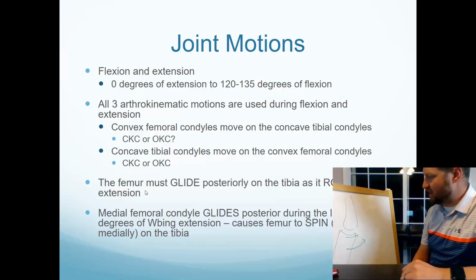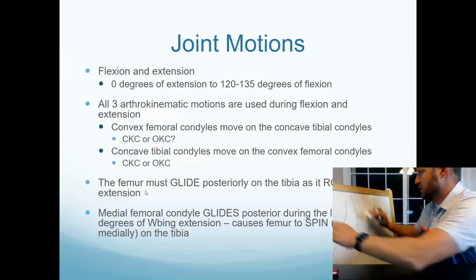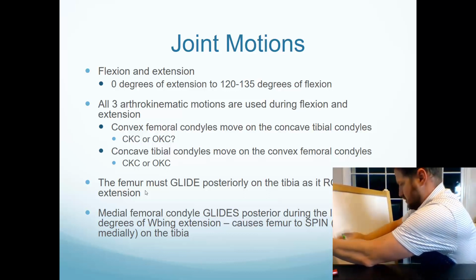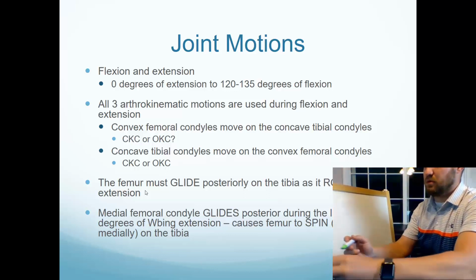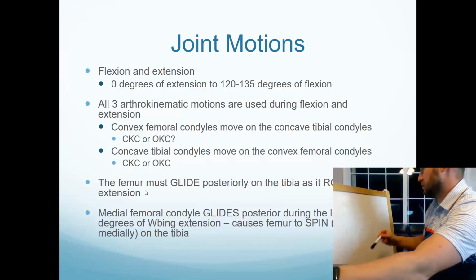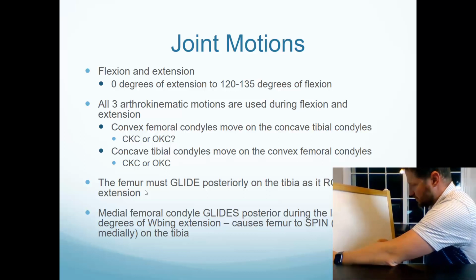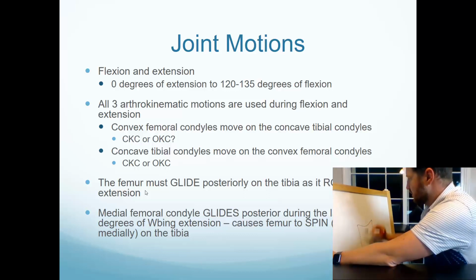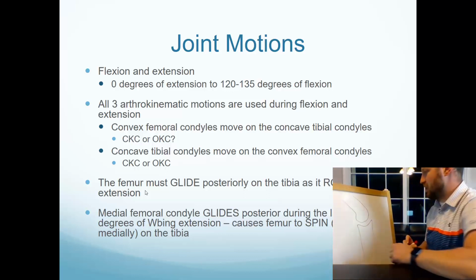That is saying that if we draw this differently, now we have a closed kinetic chain where our tibia is vertical, and our femur now comes.